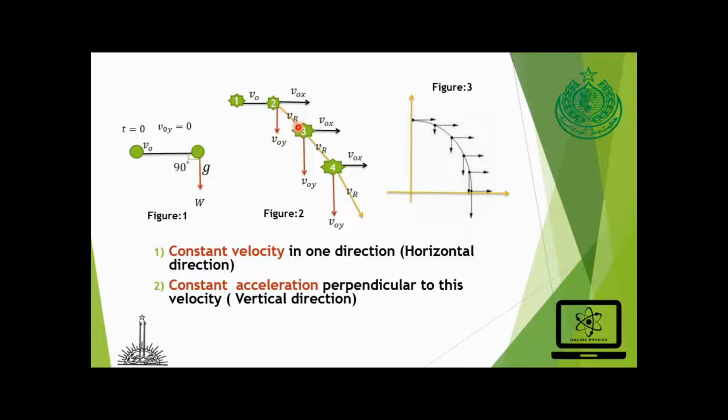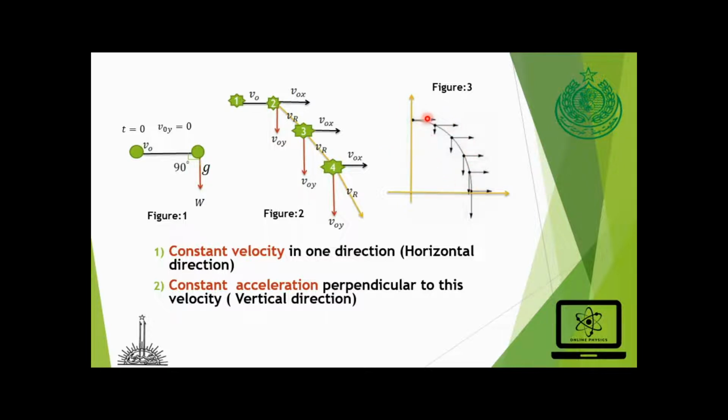So the resultant will move like this. At this point, there is the constant horizontal component and the downward velocity component is going to increase because of the gravitational pull. At the new position, we get something like this, and the resultant velocity vector direction becomes like this. Okay, this is the true picture.